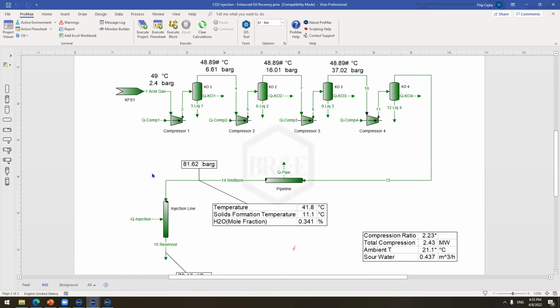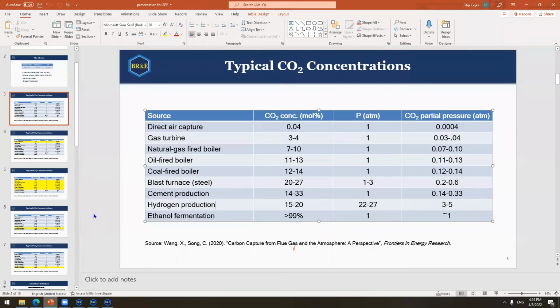Otherwise, if you're working in a project where you have CO2 from, let's say, the gas turbine, then, I've been talking about the column that was 3 meters in diameter and 12 meters high.